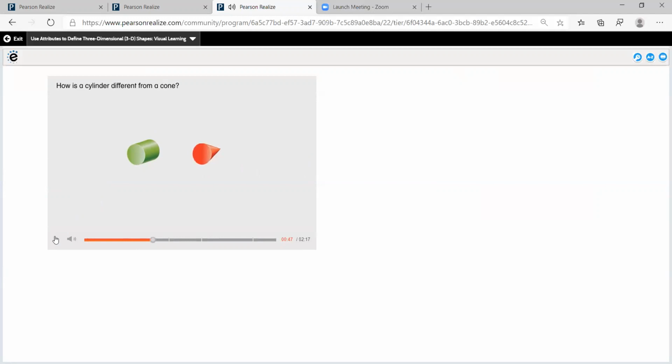If we think about these two shapes, how is this cylinder different from a cone? What do you notice?